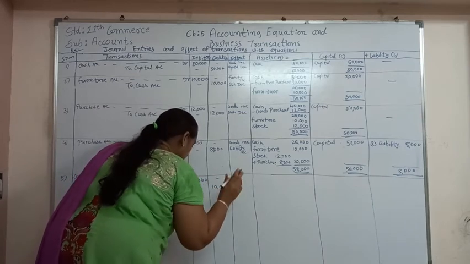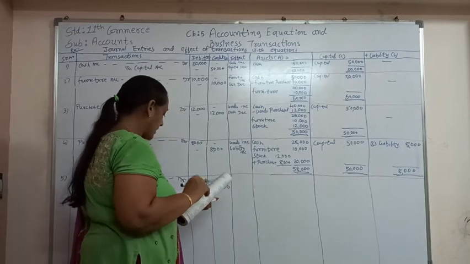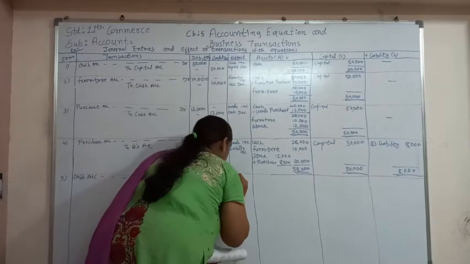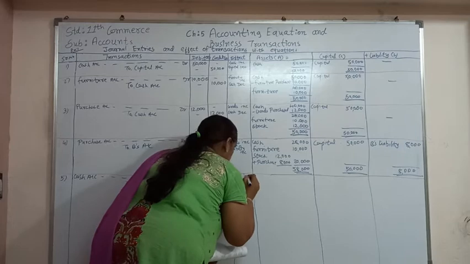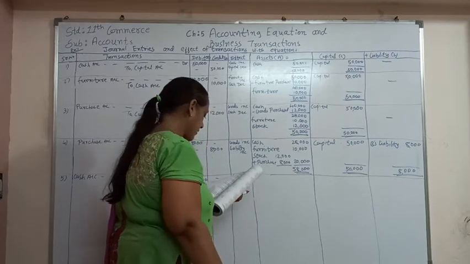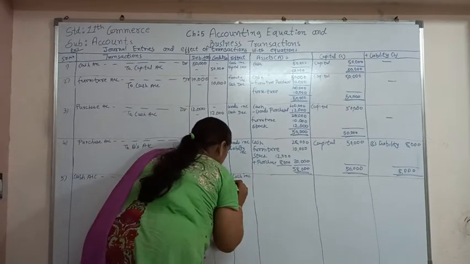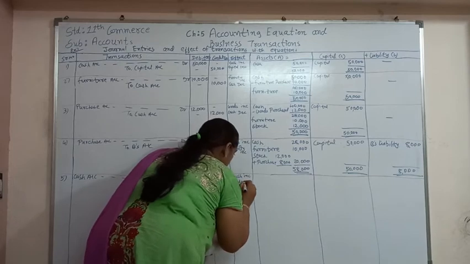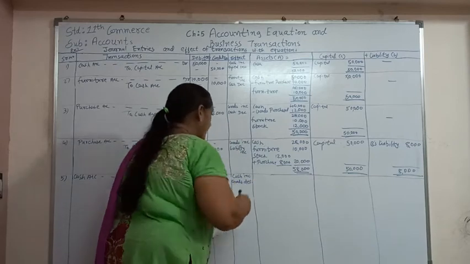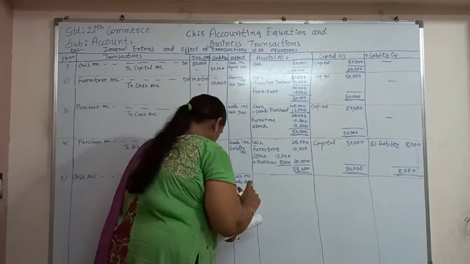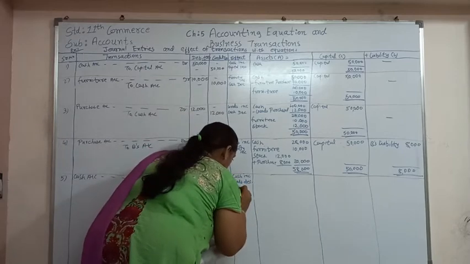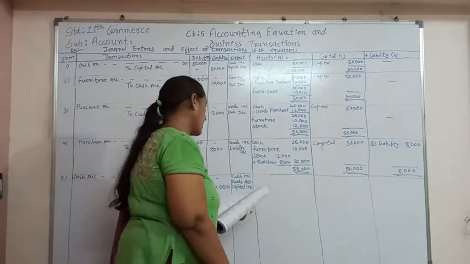So here three effects: cash increase by 10,000, then goods decrease by 7,000, and capital is going to be increased by 3,000. So three effects.